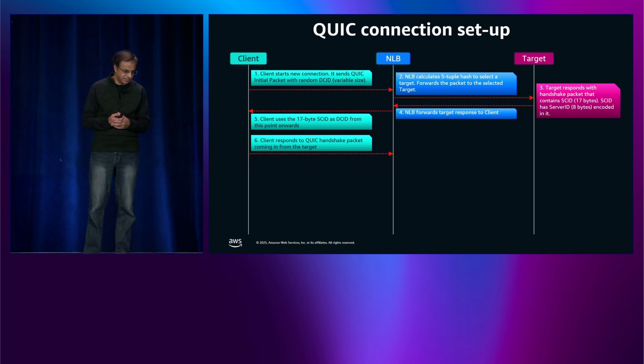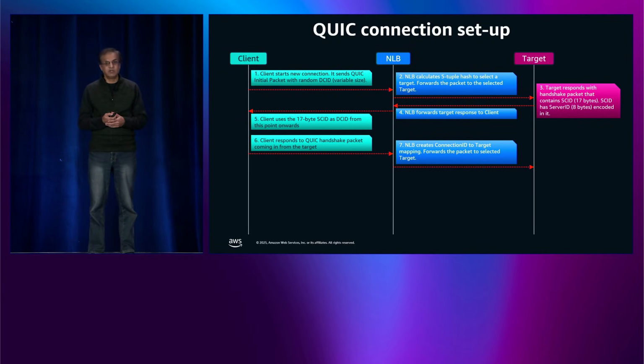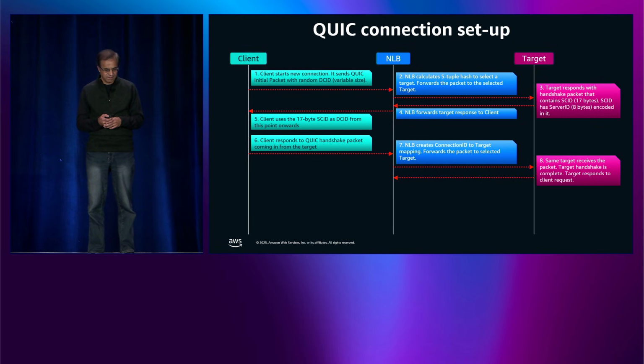Now the client will respond with a QUIC handshake packet of its own, and then NLB will create a connection ID to server ID mapping, and it will send the packet to that target. Because of the source connection ID lookup and the server ID lookup, the packet now gets sent back to the same server.